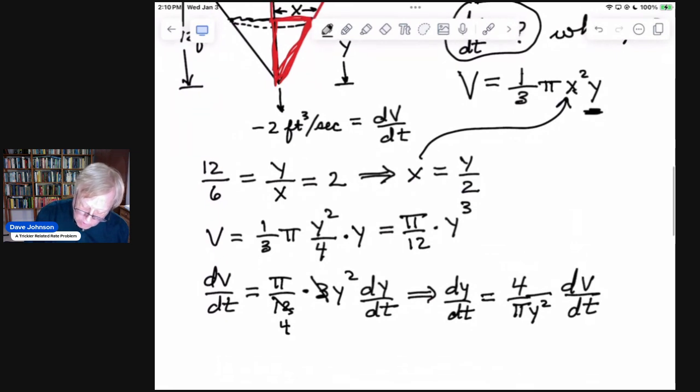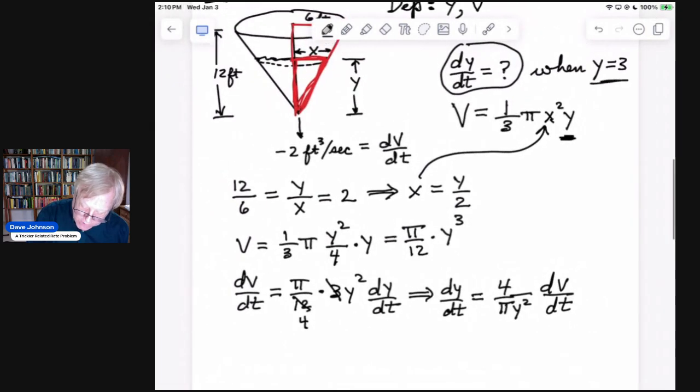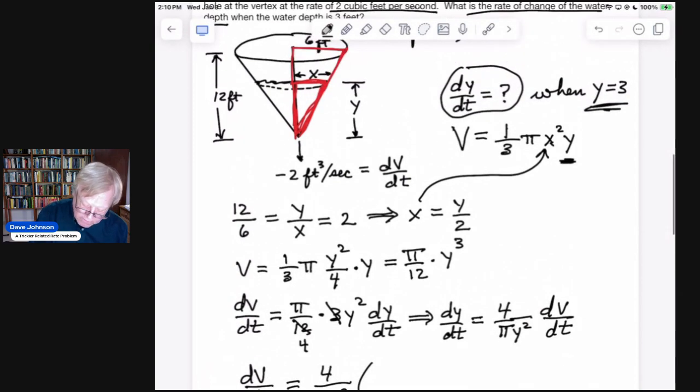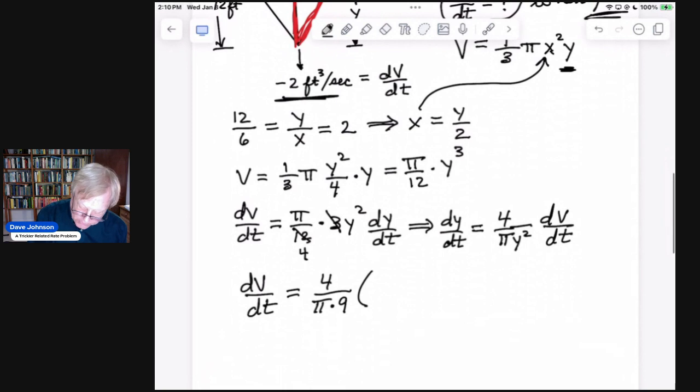And now we can plug in what we know. Remember, now we can plug in y equals 3. So we get that dy/dt is equal to 4 over pi times 3 squared. 3 squared is 9. Times, and then dV/dt, we were given here -2. So -2. And if I simplify, we get -8 divided by 9 pi.